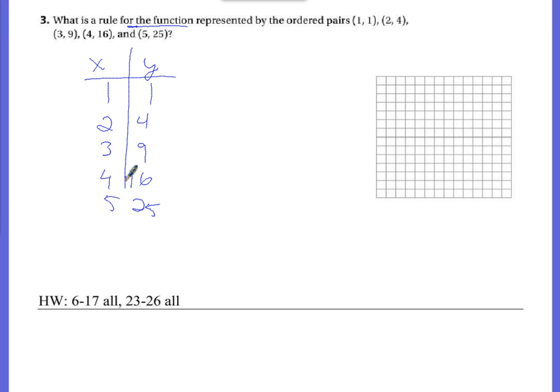Okay, so now we want to look at how to go from x to y, and then maybe if that doesn't work, we look at the pattern in the y values. Y equals 2x? Is that what you're saying? Okay, let's try it. Y equals 2x. Y equals x squared, another idea. Anything else?